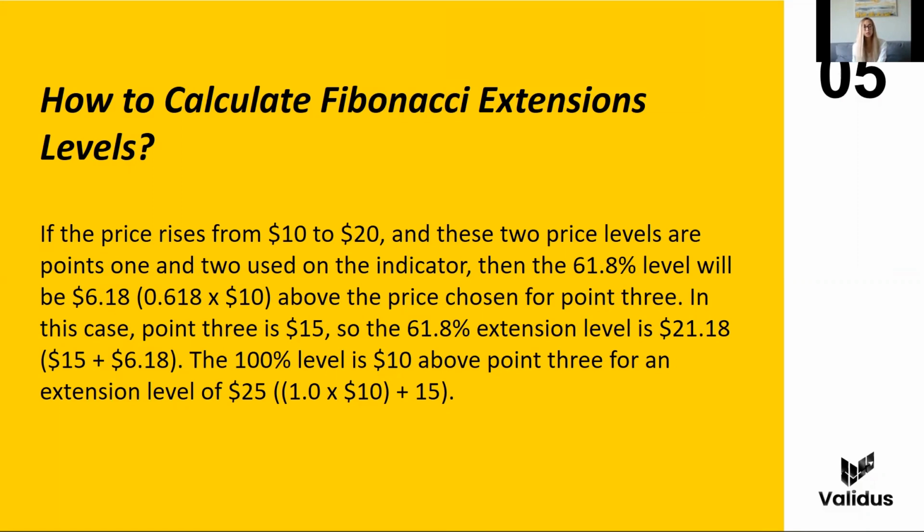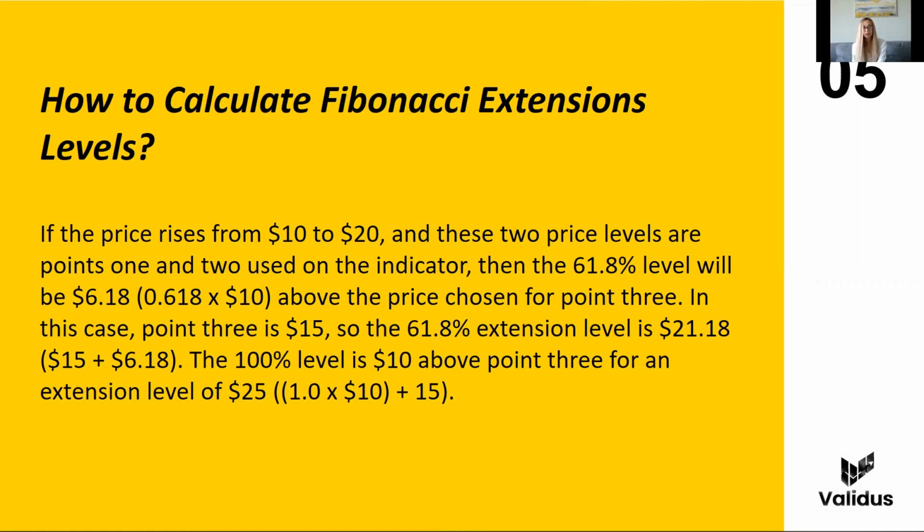So $10 multiplied by 0.618 will give you $6.18 above the price chosen for point 3. In this case, point 3 will be $15. So the 61.8% extension level will be $21.18.